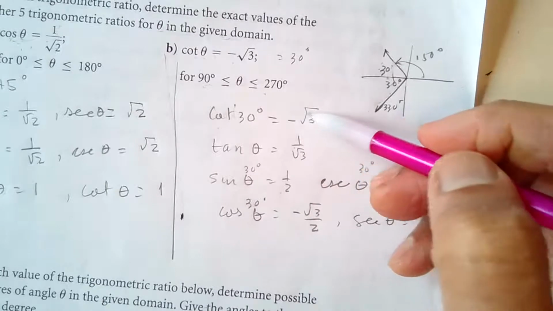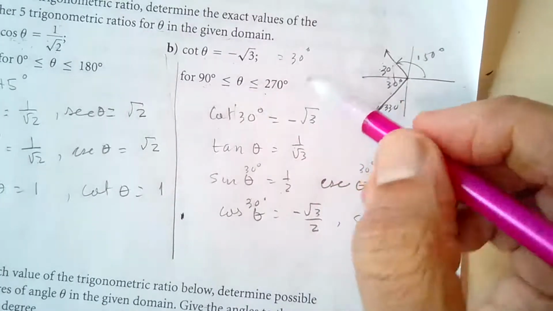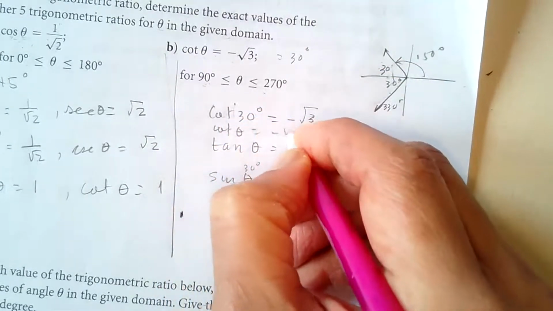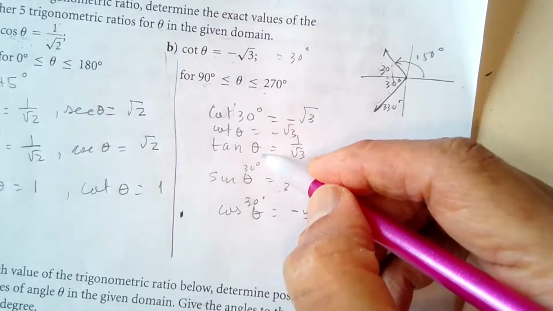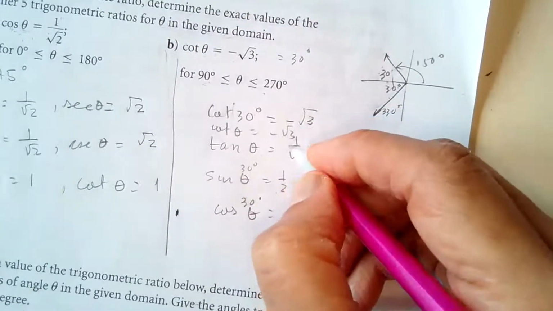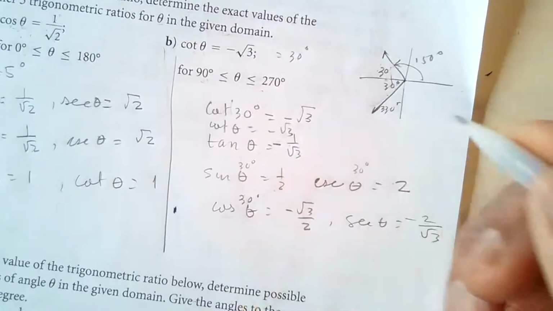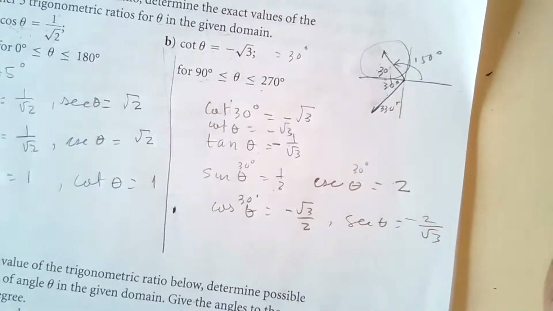So we have cotan 30 degrees is negative, reference angle 30 degrees. So we have cot theta is negative √3, which is given here. So tangent theta should be negative here. Negative 1 over root 3, because it's negative in this quadrant here. We're dealing with quadrant 2, right?